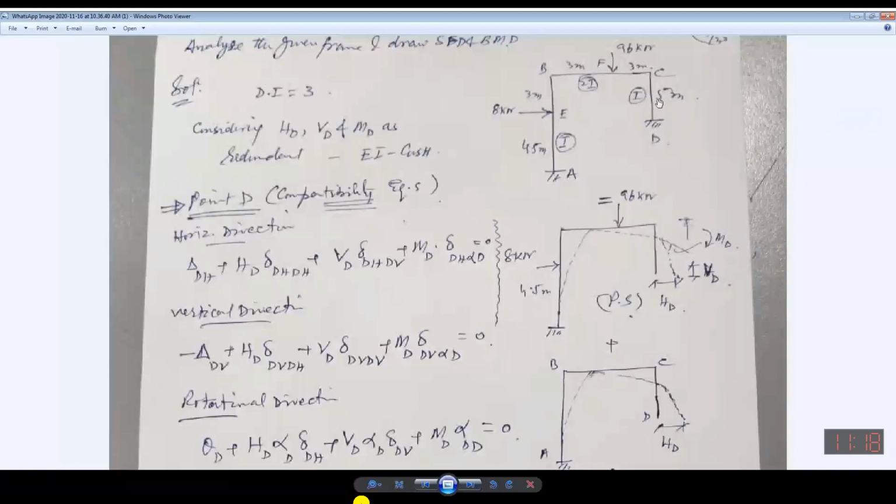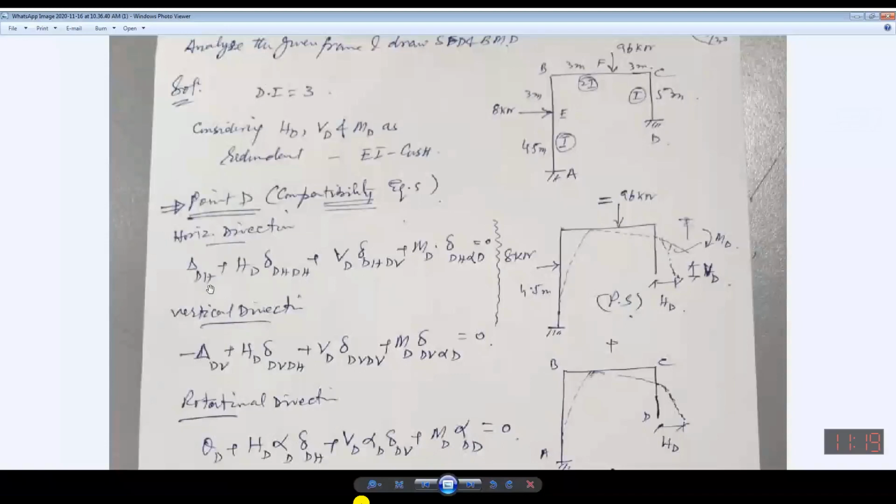So if I consider in isolation the horizontal effect, horizontal displacement, then delta DH is the displacement due to applied loading, actual loading, delta. This is the same nomenclature as we have used earlier. Delta is the displacement at point D in the horizontal direction due to applied actual loading, plus HD.